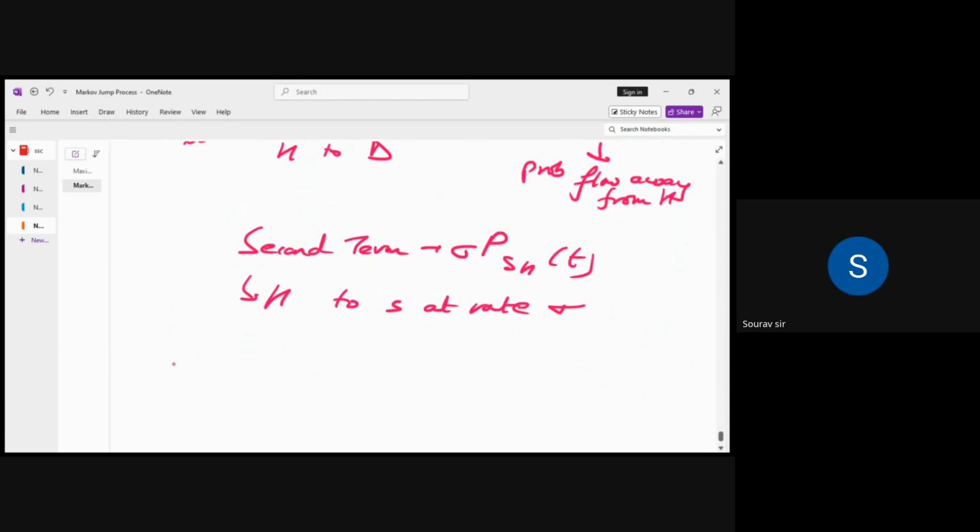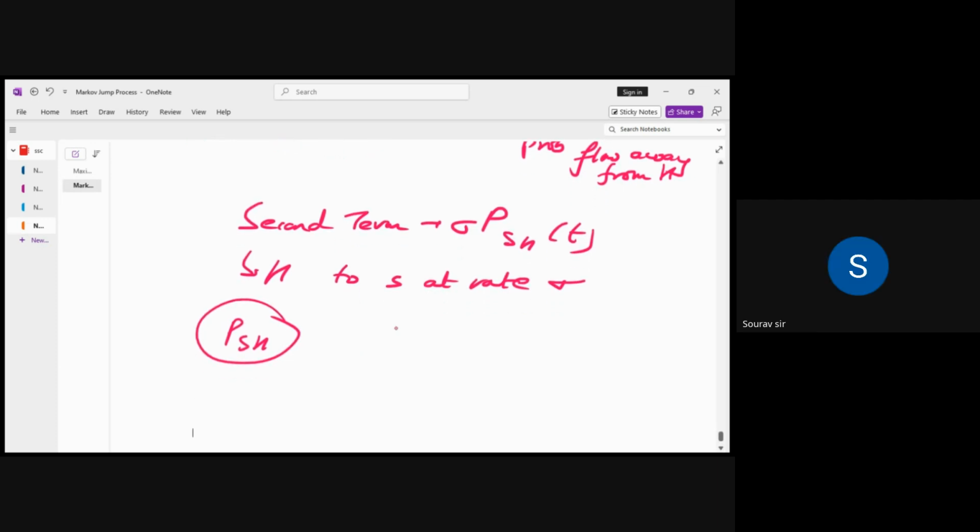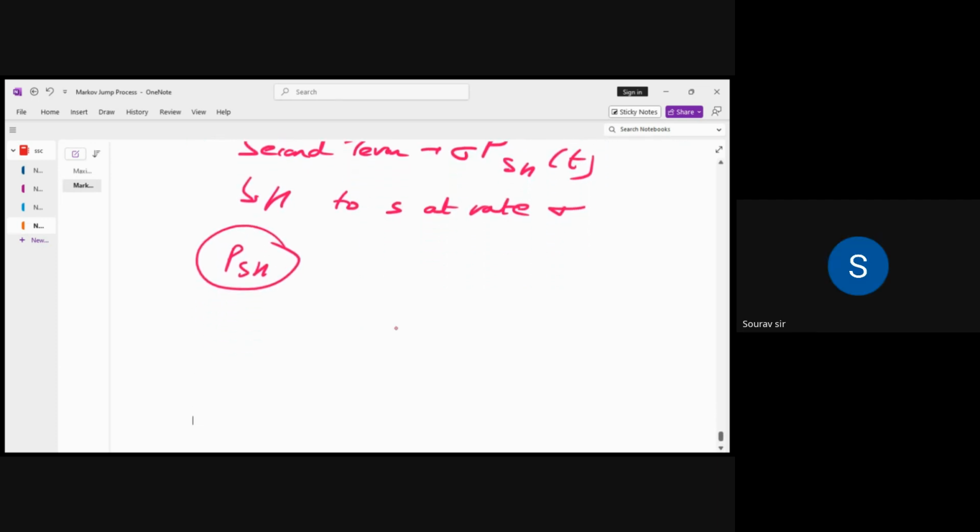The probability of going from sick to healthy over time t is P_SH(t). If we multiply together, it is first transition from H to S and later from S to H. So we can think of it as balancing two opposing forces.